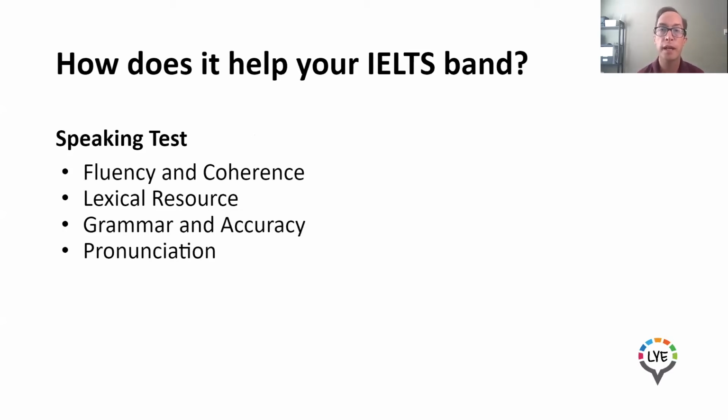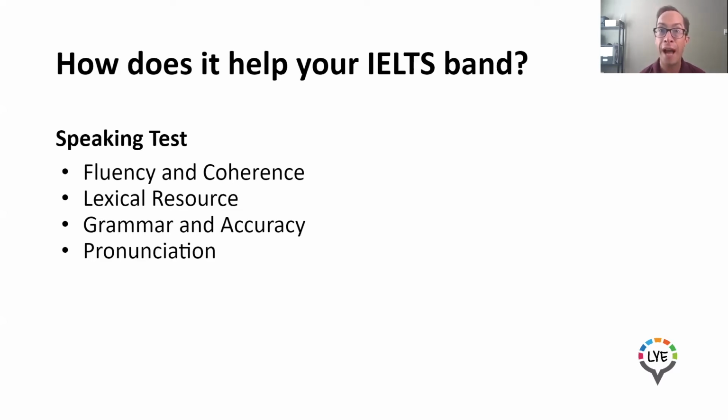In the course, we've actually provided the links to these rubrics. These are public links, so you don't need to feel bad about looking at them. But let's look at the speaking test first. How is the speaking test graded? Here you can see that it's graded in fluency and coherence, lexical resource, grammar and accuracy, and pronunciation. Fluency and coherence means, how well you speak and how well you connect your ideas.